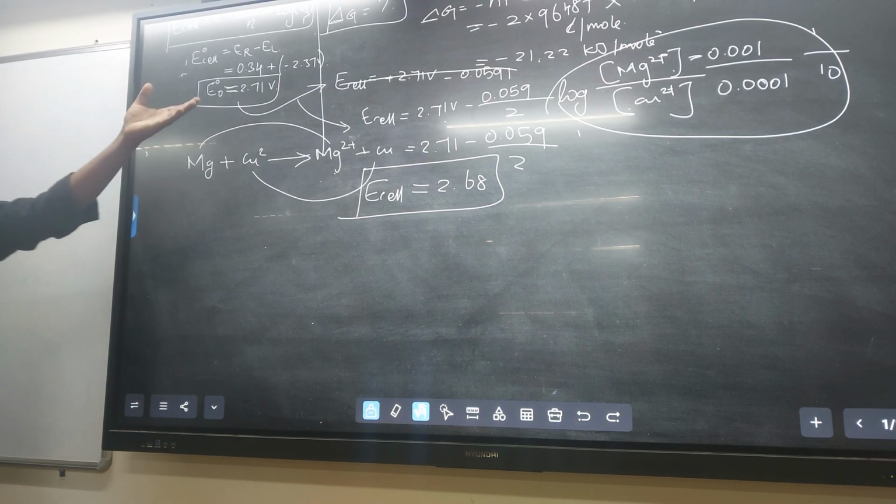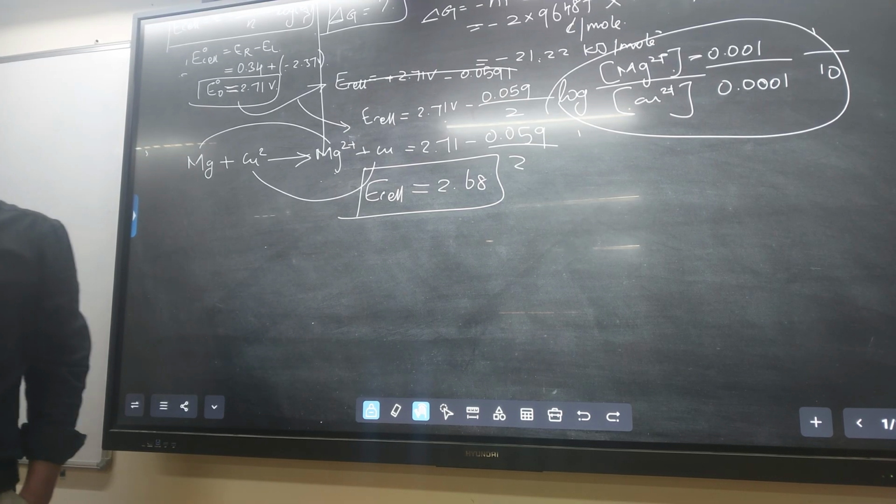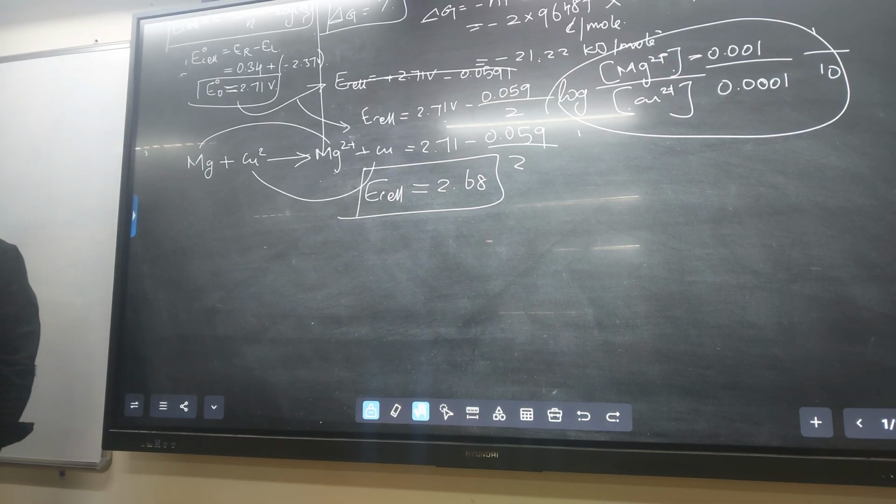Okay, is there any doubt in that problem? Yes, they give the reduction potential value. Only the reduction potential value is needed; they give it in your question paper.